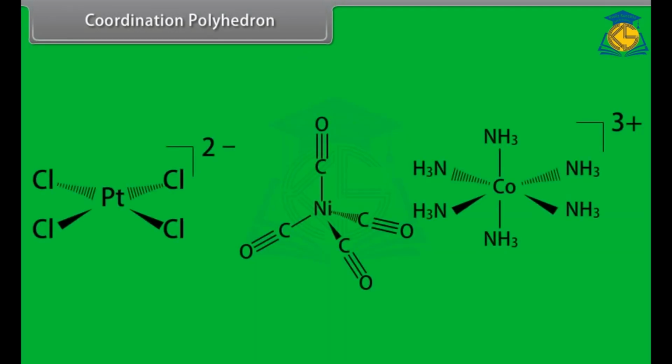For example, square planar polyhedra observed in [PtCl4]2-. Tetrahedral polyhedra observed in [Ni(CO)4], and octahedral polyhedra observed in [Co(NH3)6]3+.